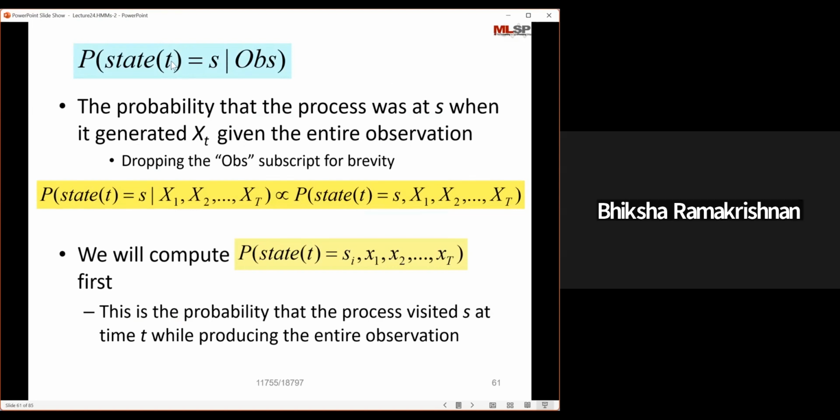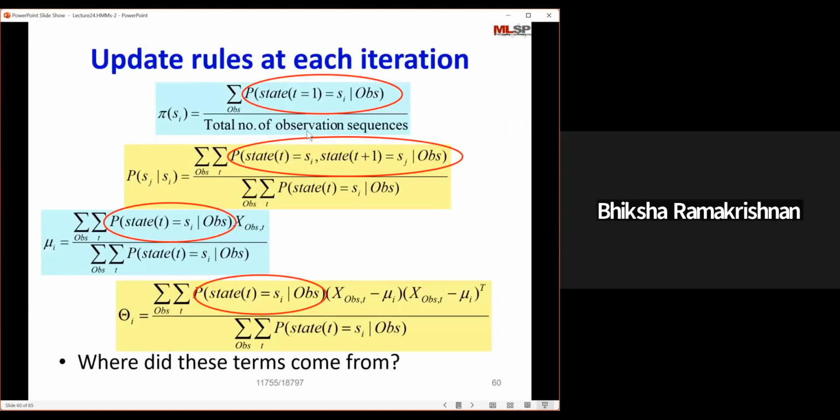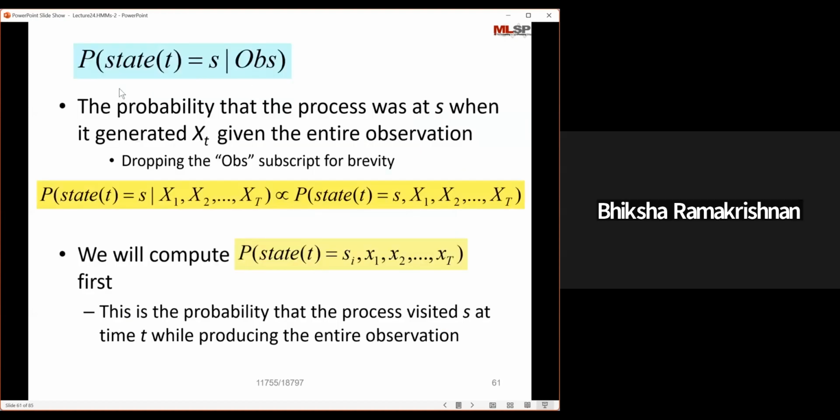So the posterior probability that the state at time t, given the observation sequence: if you look at this term here, or the denominator term here, or these posterior probabilities, they all have the form: what is the posterior probability that the process will be in state Si at time t given the observation? For the initial state probabilities you're specifically considering time t equals 1, but this is just one instance of these other guys, right? So let's see how we compute that.